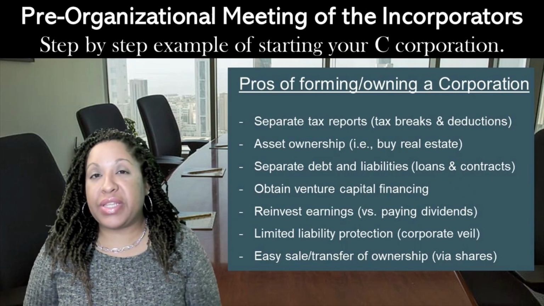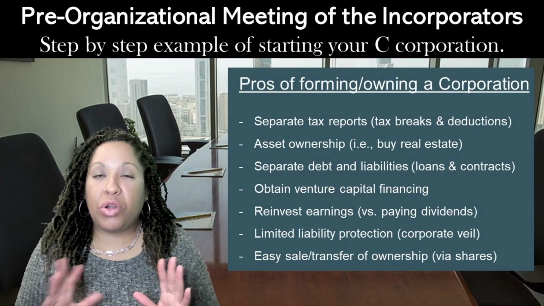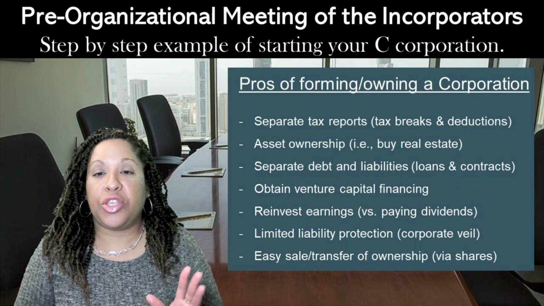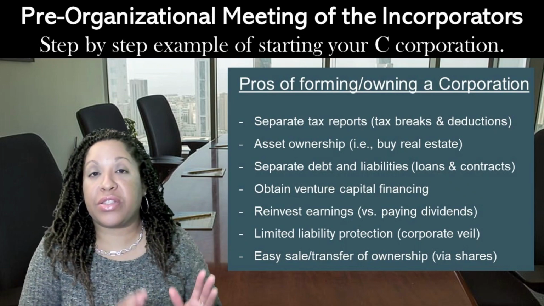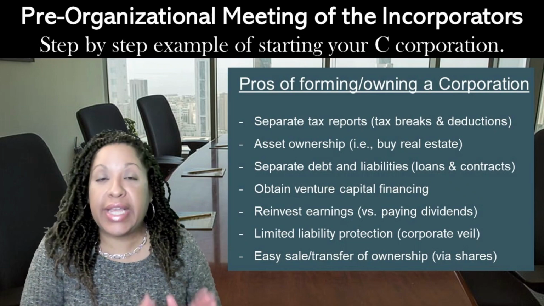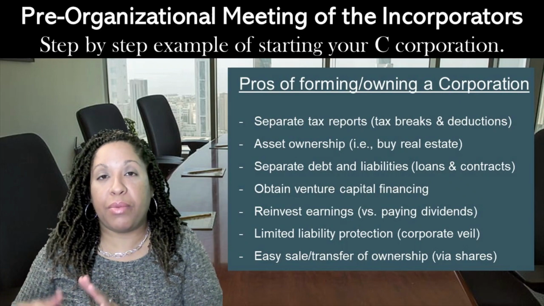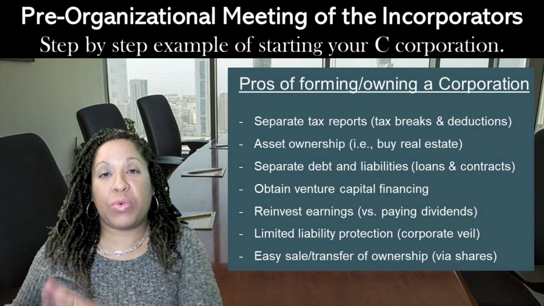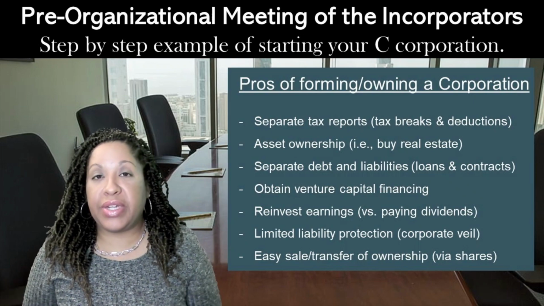One of the biggest concerns that is always talked about is, oh, you don't want to form a corporation because you can be taxed twice, which is true, meaning it's taxed on its income, and then any profit it wants to pay out as dividends, there's a tax on that. However, it's not required to pay dividends.